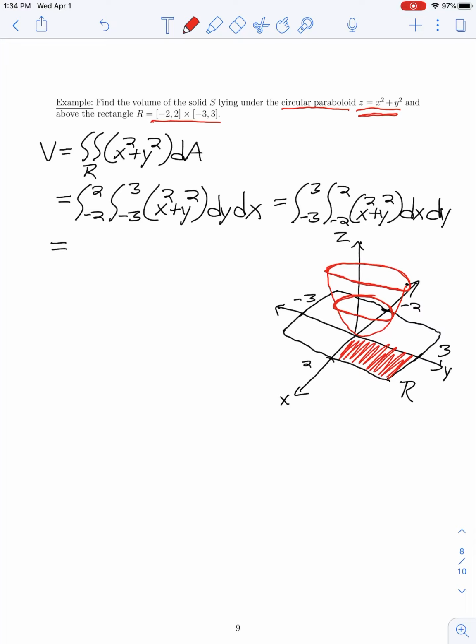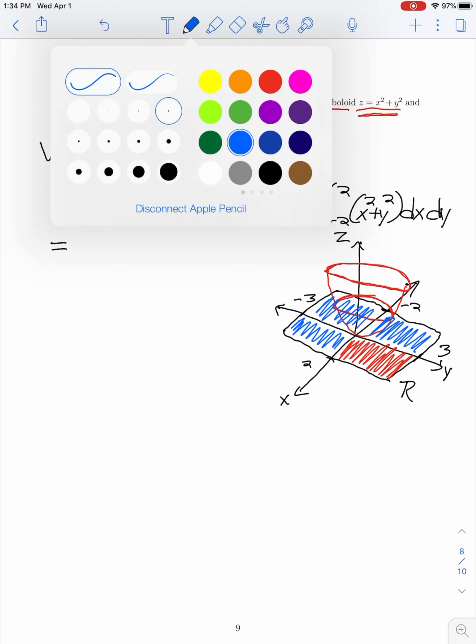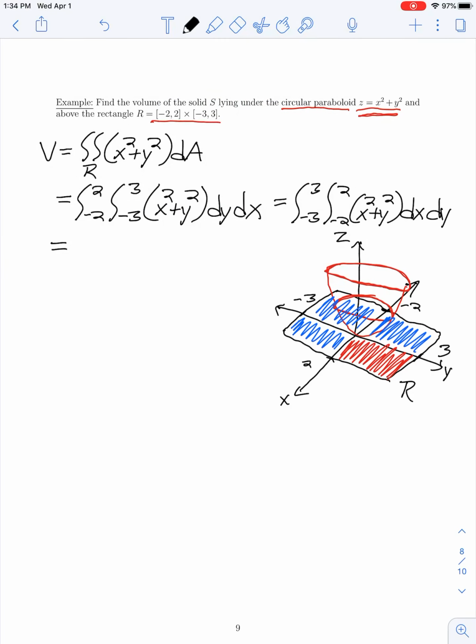So rather than integrate over the full rectangle, we could integrate just over this part of our rectangle that lies in the first quadrant, where x ranges from 0 to 2 and y ranges from 0 to 3. And whatever I get for that result, I could then multiply by 4 to get the total value of my volume over that first region on which I integrated in addition to these other 3 quadrants.